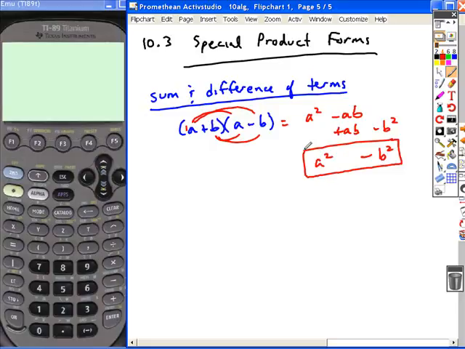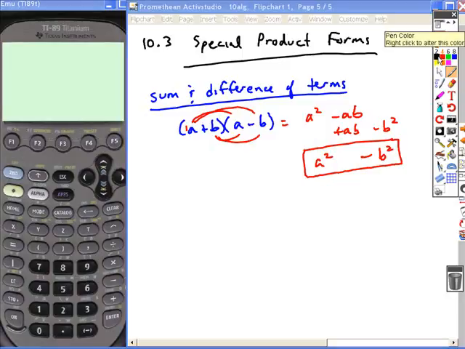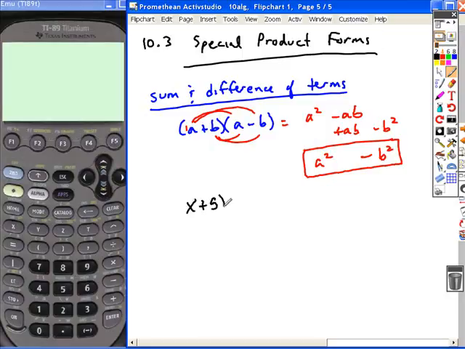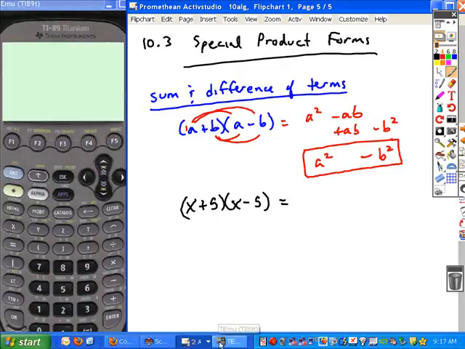If you recognize this, it allows you to answer this type of question extremely fast, because you're just going to square the first term and subtract the square of the second term, and that's your answer. So if I ask you to expand x plus 5 times x minus 5, the way that you can answer that, again, very quickly, is just to recognize it fits into this pattern.